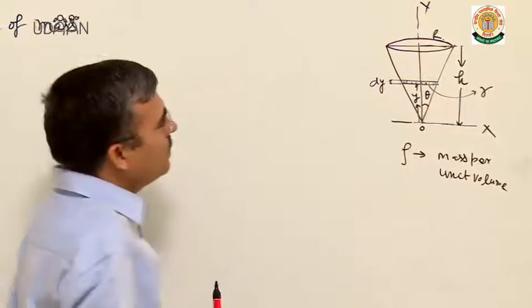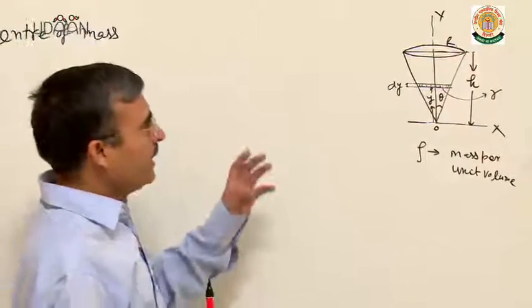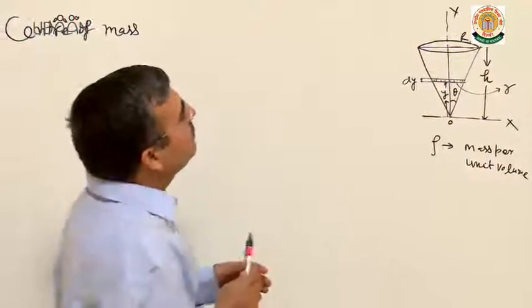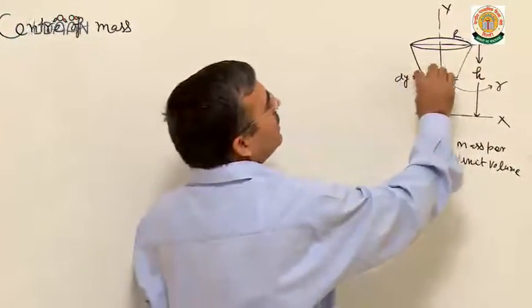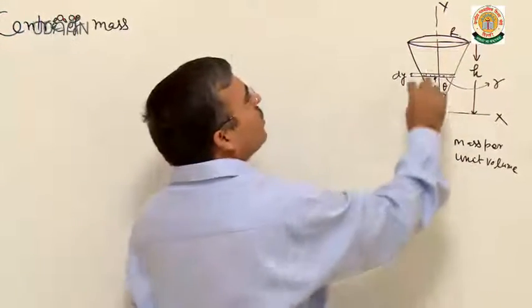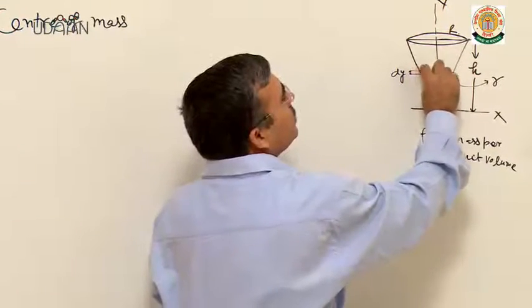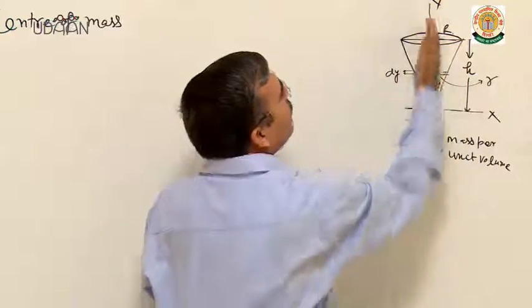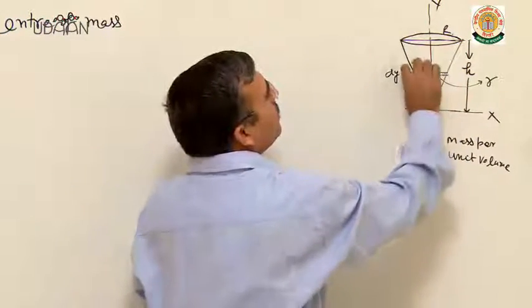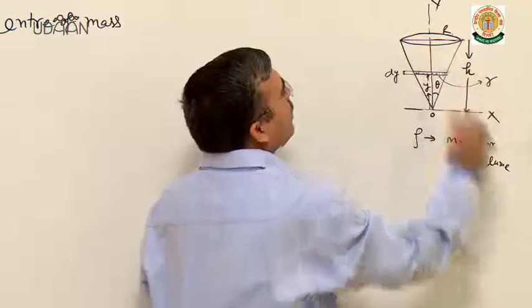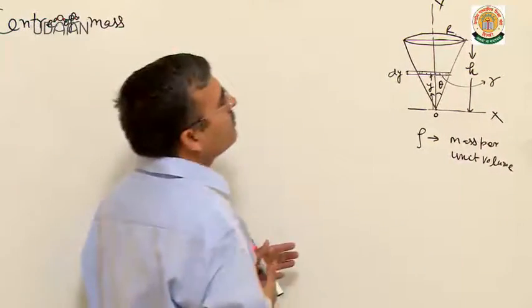To find its center of mass, we have to take an element. So, the element is a part of the cone of thickness dy, normal to the axis, a very small part of the cone.